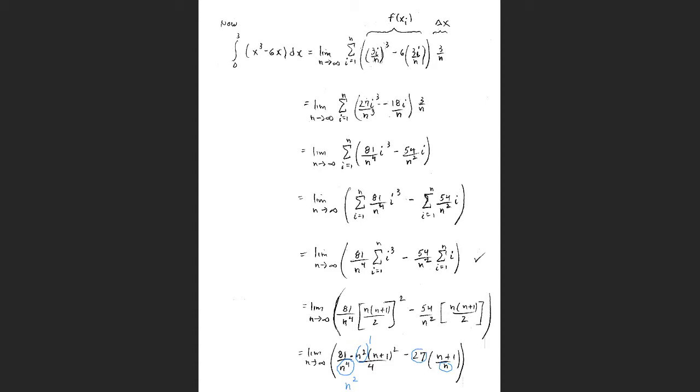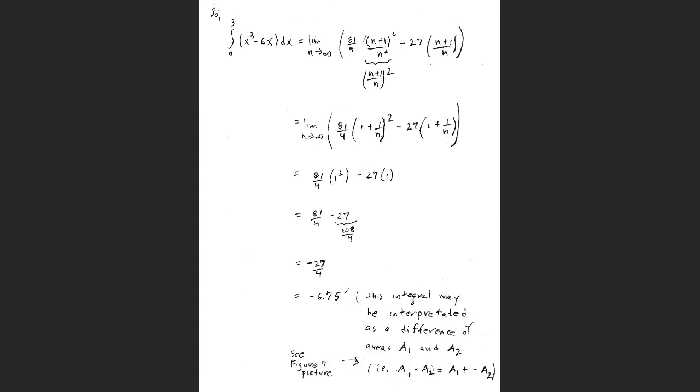Okay, so that being said, I can write the first expression as 81/4 times n plus 1 squared over n squared. Yes, that's absolutely right. And n plus 1 squared over n squared we can write as n plus 1 over n, quantity squared.